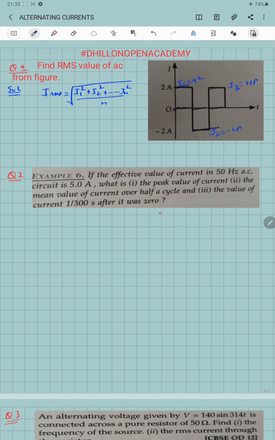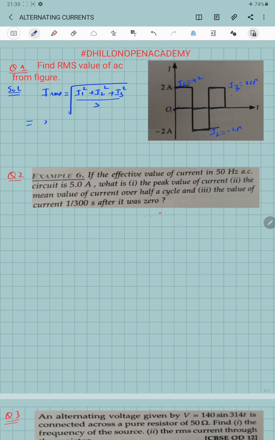So if we apply for these only I1, I2 and I3, I_RMS will be equal to the square root of I1 square plus I2 square plus I3 square, whole divided by n, which is 3 currents, so divide by 3.